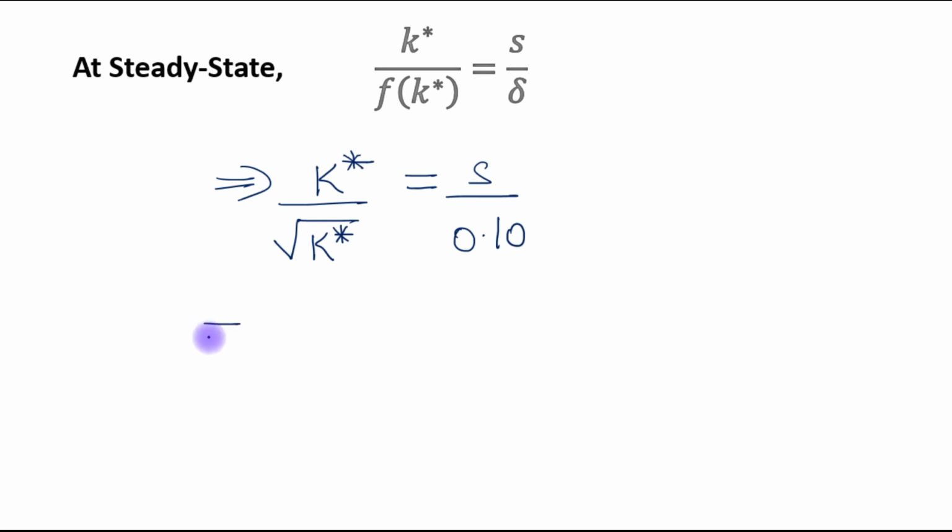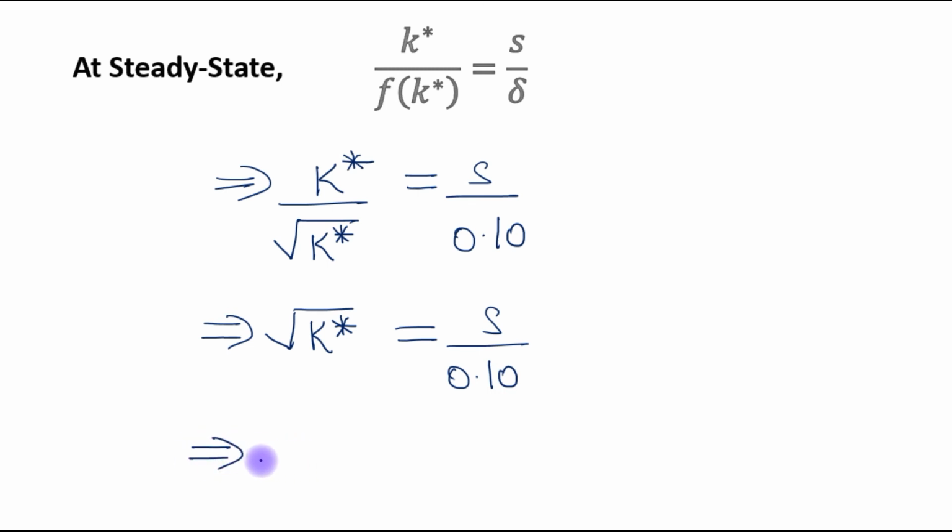Next step, this will become root k star equals saving rate upon 0.10. Next step, we have already calculated the golden rule level of capital as 25 units per worker.